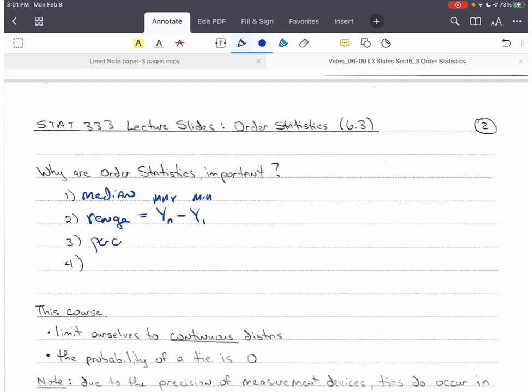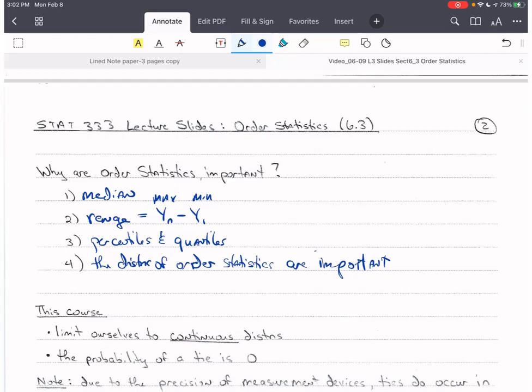Percentiles and quantiles are calculated with this. And finally, the distributions of order statistics are important in many applications.